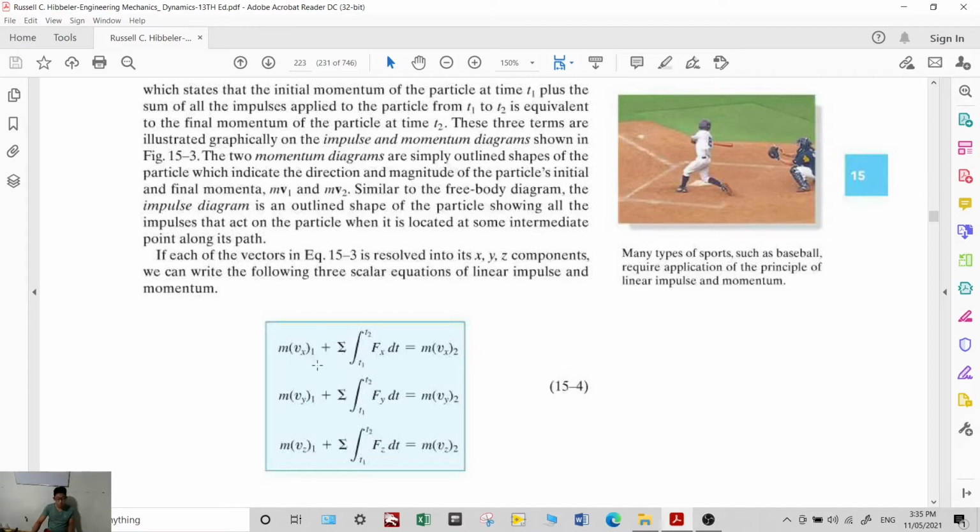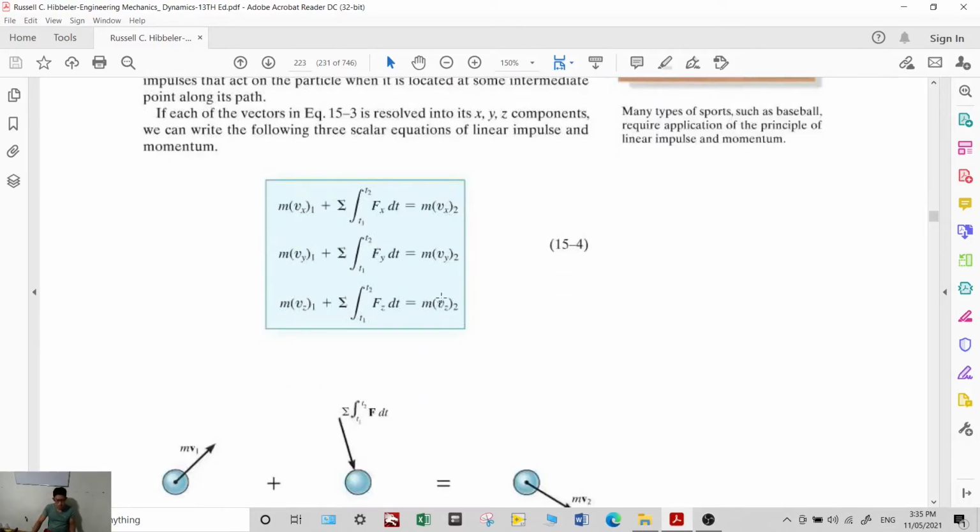So mvx1 plus the summation of forces along x times dt is equal to mvx2 and so on. Okay, so component by component, you get the forces along x, multiply by time, and add it to the momentum along x to get the final momentum along x, and likewise along y and z.